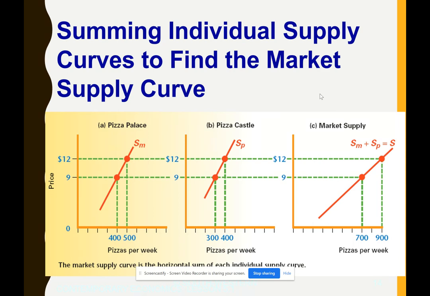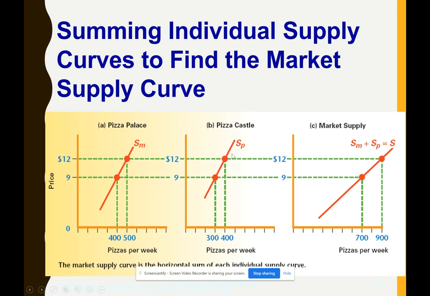So let's look at summing individual supply curves to find the market supply curve. We're looking at 3 different pizza places to find out the overall supply for the market of pizza. For $9 a pie, they're doing 400 pizzas a week. When they sell them for $12 a pie, they sell 500.